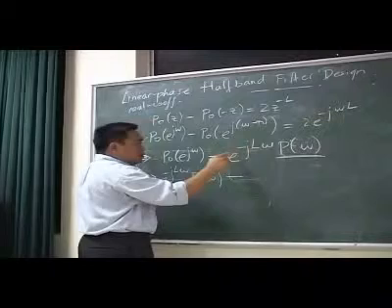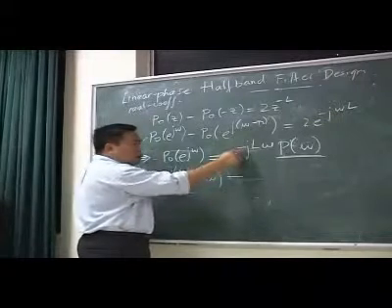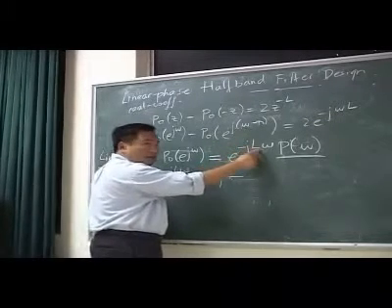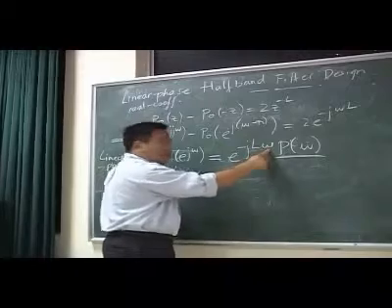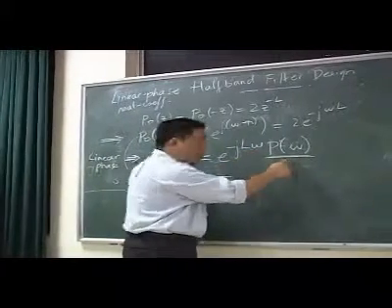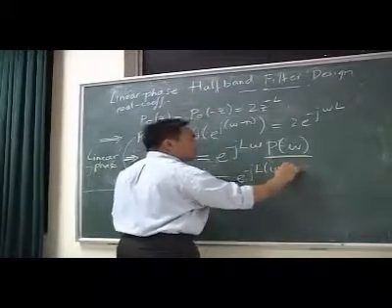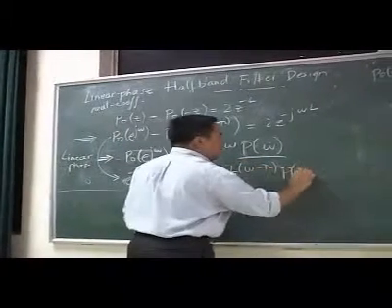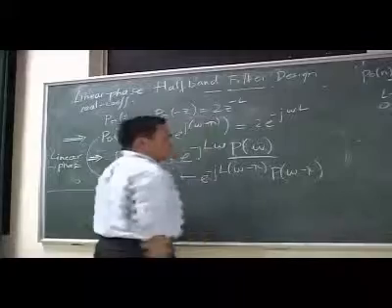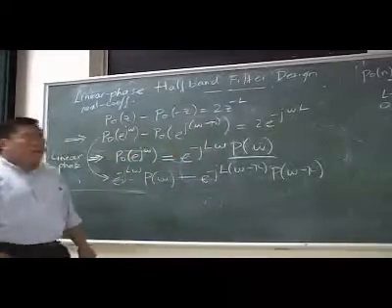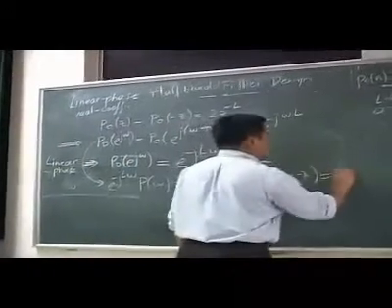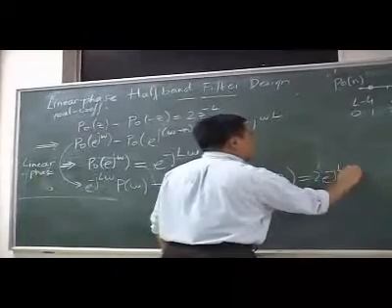So I will have e to the minus j L omega minus pi, P of omega minus pi, equal to 2 e to the minus j L omega.